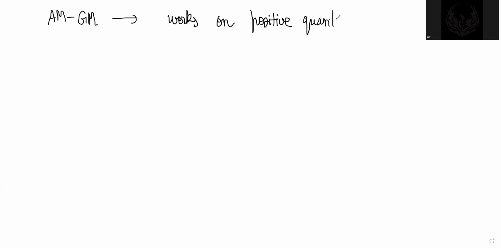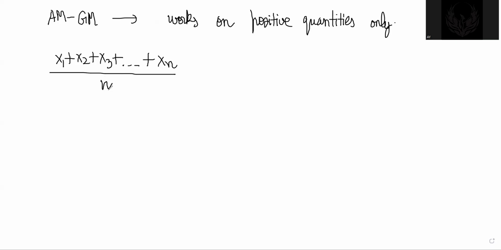The general AM-GM inequality would be x1 plus x2 plus x3 and so on: the arithmetic mean of n terms is given by this, and that will be greater than or equal to the geometric mean of these n terms, which is the 1 by nth power, or nth root, of the product. So this is the AM-GM version.